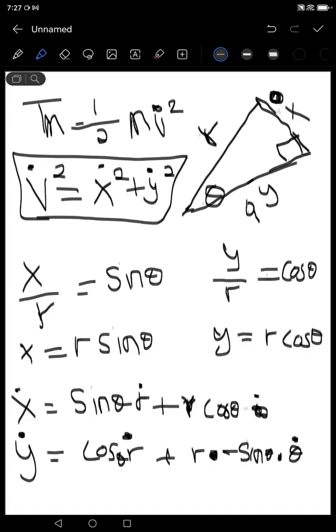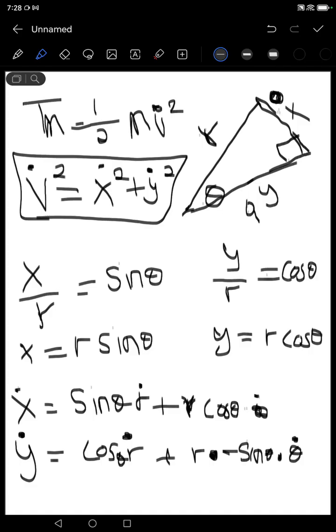Sometimes you'll find, okay, on that translational system, we have an angle. There's no need to do this v squared, x squared plus y squared. I think it's also depending on the method that they ask us to use. Sometimes they'll say use any method. So on the Newton's second law, you can use this method. You can use this v squared, x squared plus y squared. We only use it on the Lagrange method. Okay.